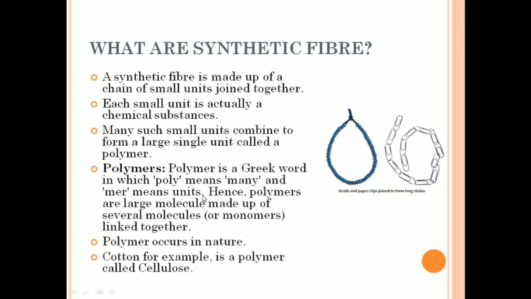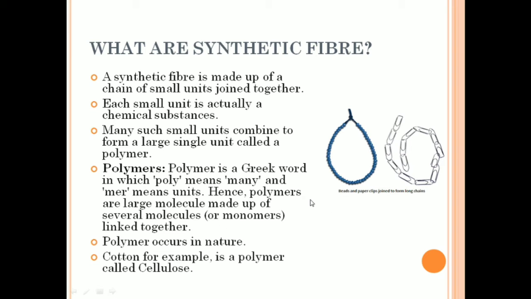Polymer is a Greek word in which poly means many and mer means unit. So basically polymer is a Greek word. The word consists of two main words, that is poly and mer. Poly means many and mer means unit. So we can say that polymers are large molecules made up of several molecules or monomers linked together.